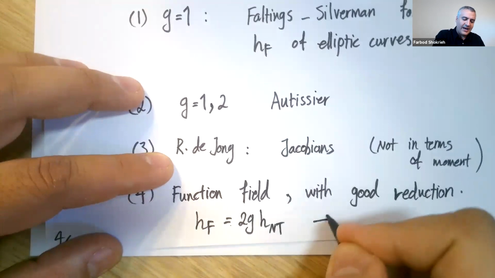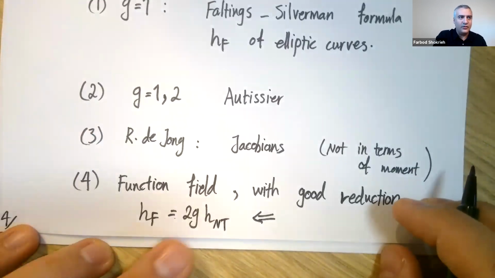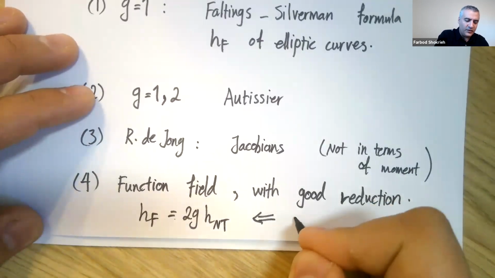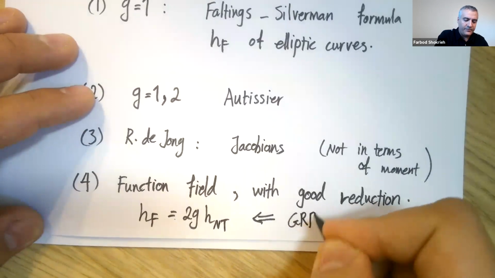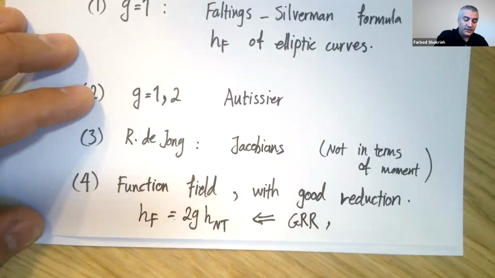It's a well-known fact. I'm sure this was observed by someone very early on, but I don't know a good reference. This should follow from Grothendieck-Riemann-Roch. Or alternatively, Moret-Bailly has this formula called the key formula.